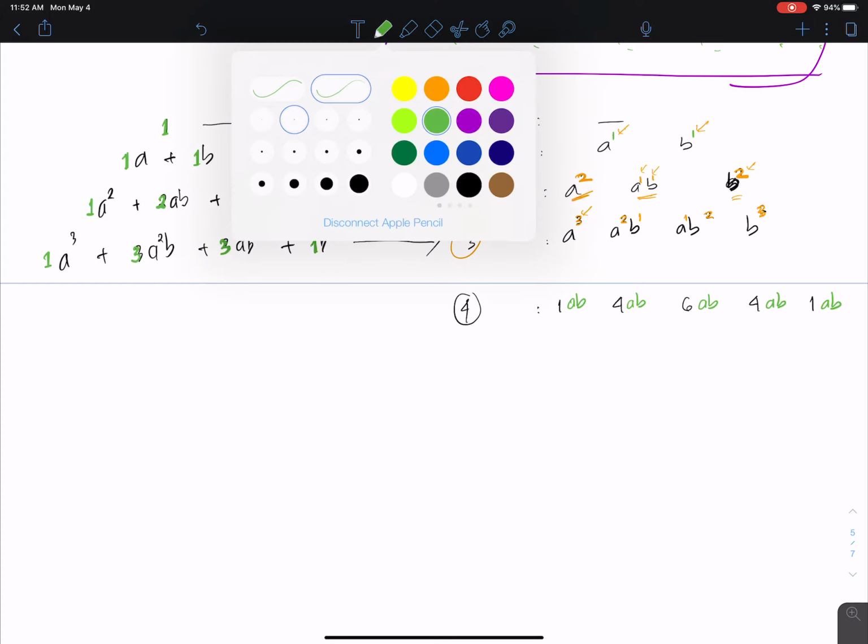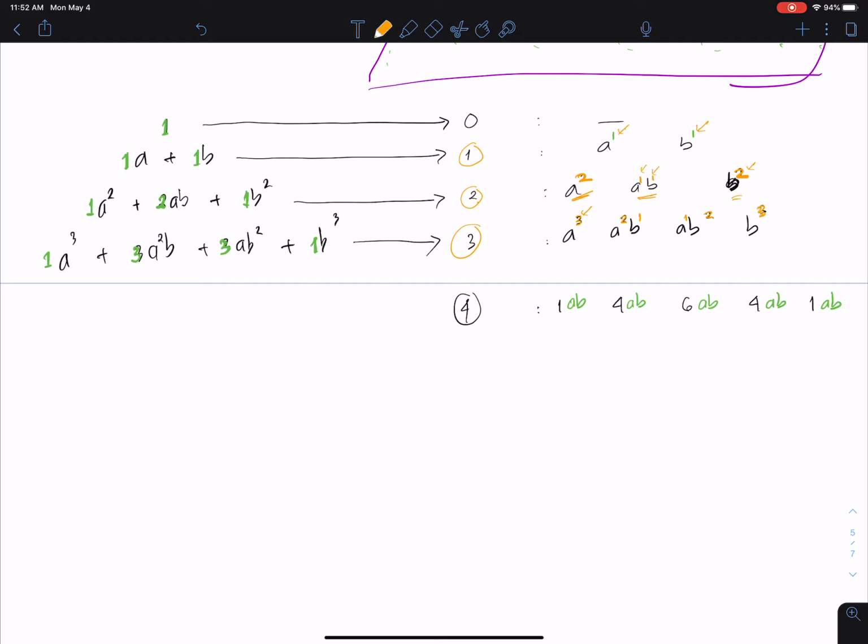Now we put the power. This is 4. So I will do this way, in order, I will remove first, in order you can see clearly what I'm trying to say in here. So AB, AB, I will give space a bit because I'm going to write down the power.